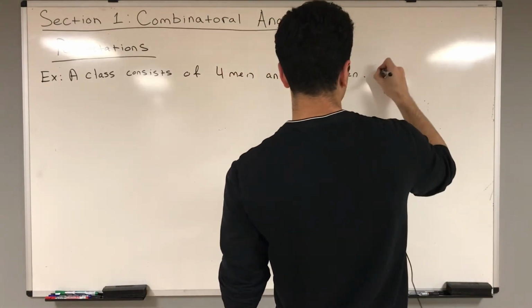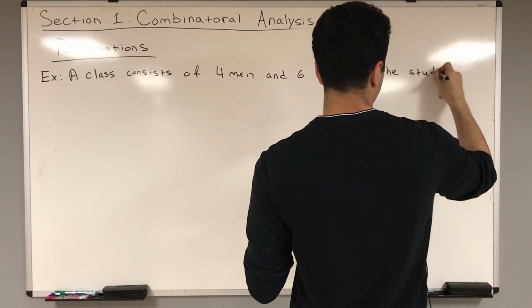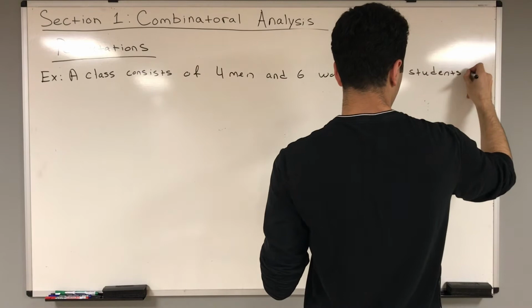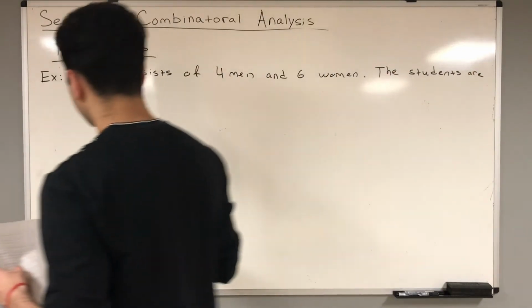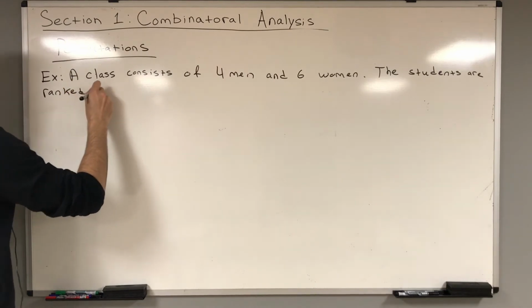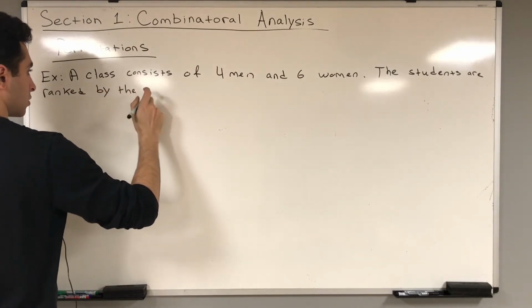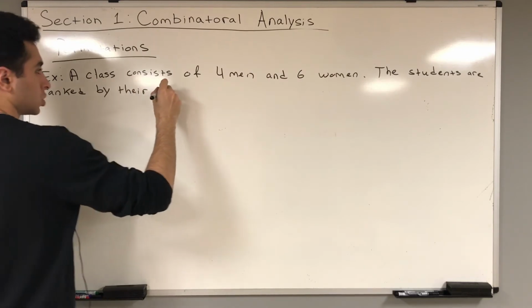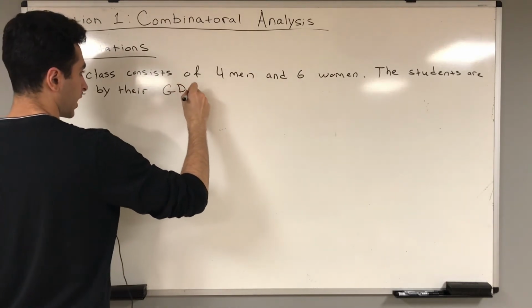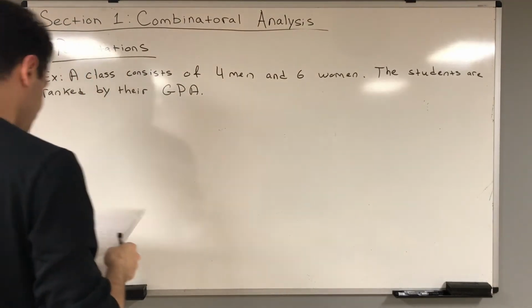The students are ranked by their GPA. It's kind of cruel, but the students are ranked by their GPA. GPA is grade point average, which is just your grade for the semester or year.